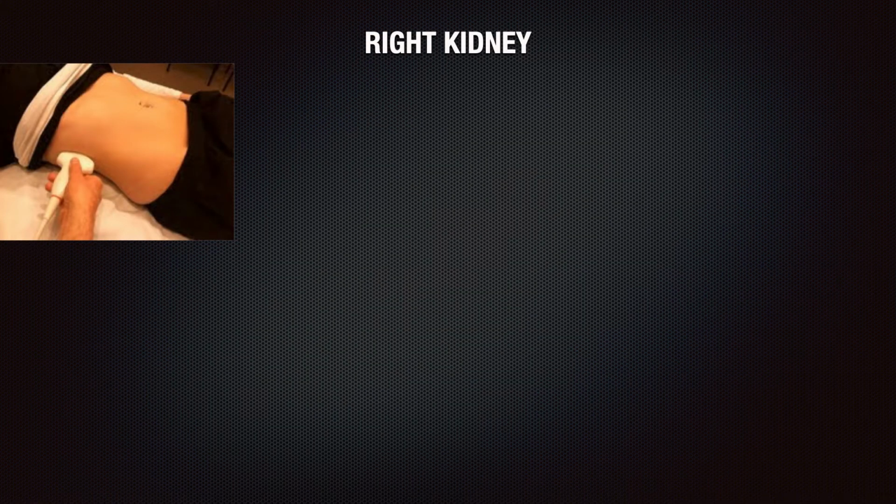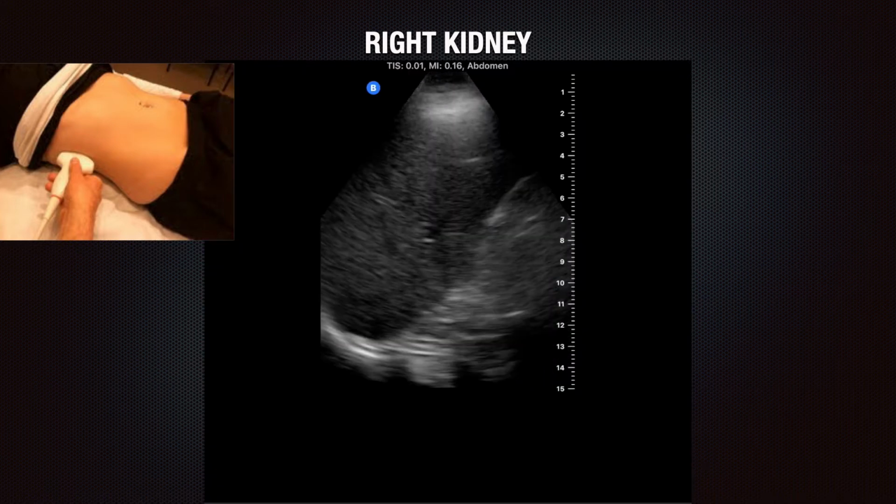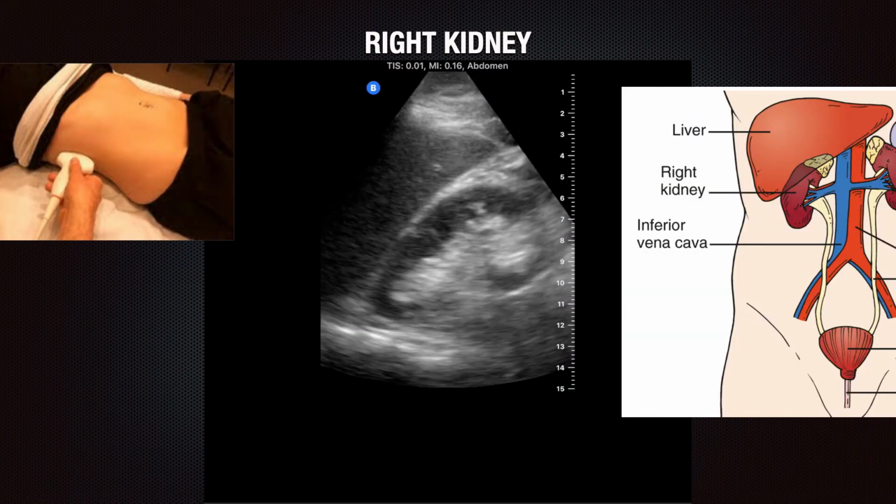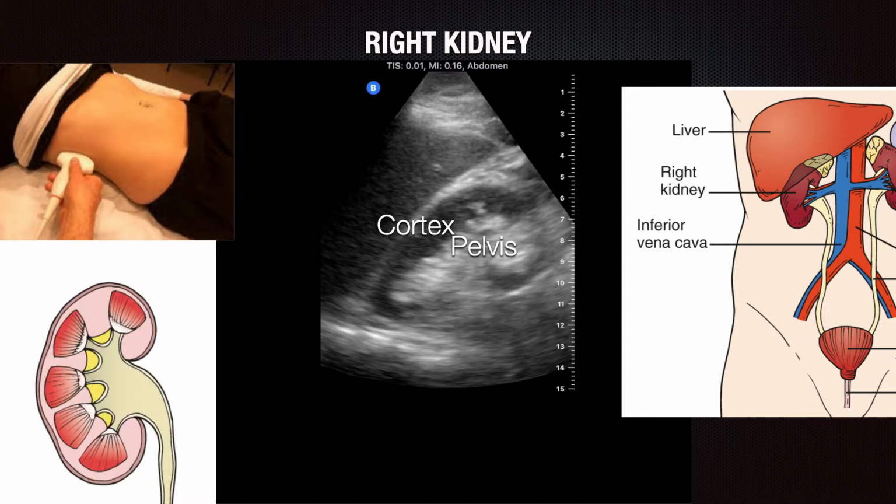And next you want to use the scoop position here to look at the kidney, getting down to the retroperitoneum there, looking at the liver and the kidney in this view here, as you can see with the anatomical diagram to the right. Here you can see the cortex of the kidney, you can see the renal pelvis as depicted in this graph.